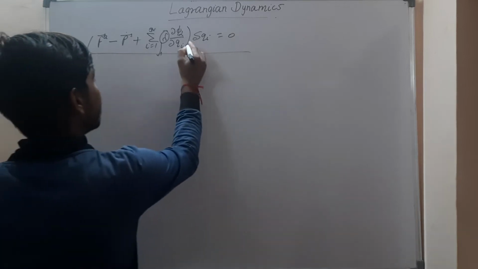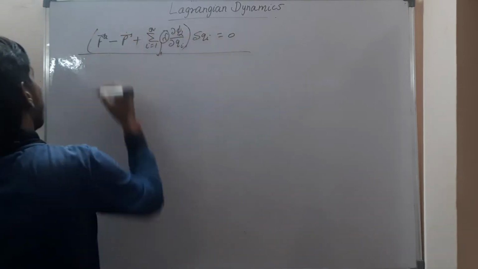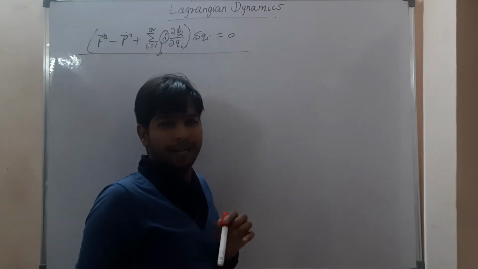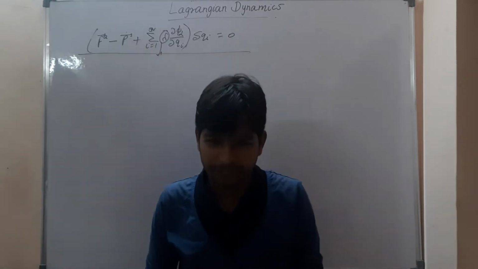After Lagrange worked out this equation, he sent that concept to Euler, who was a great mathematician.